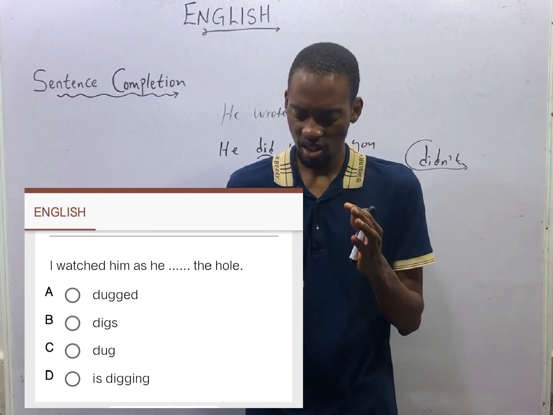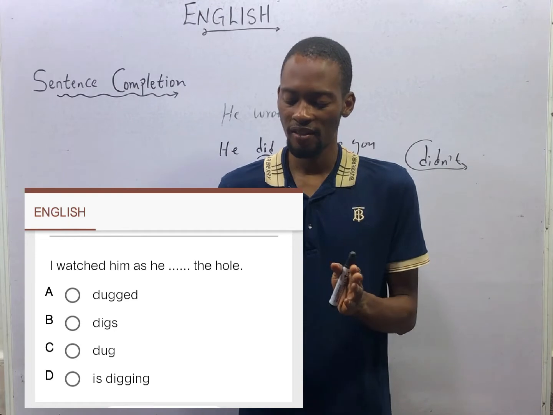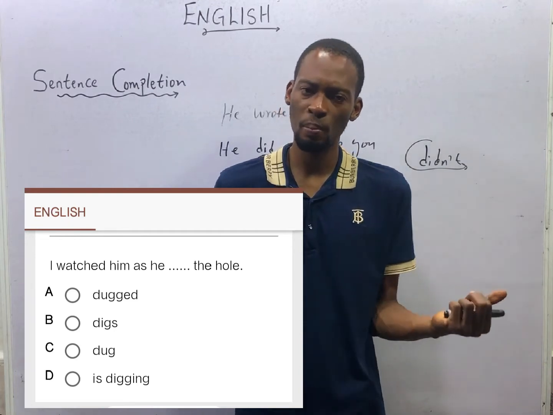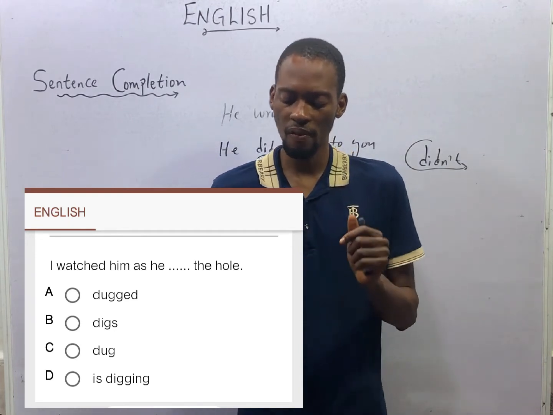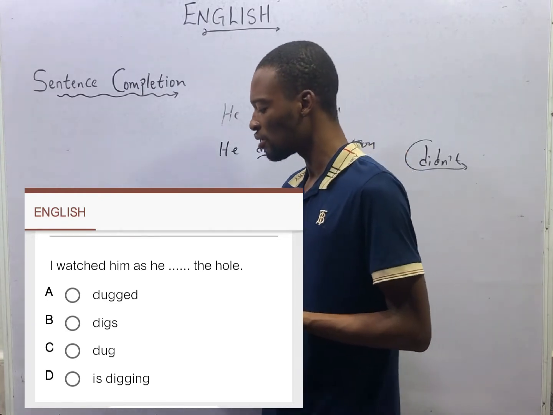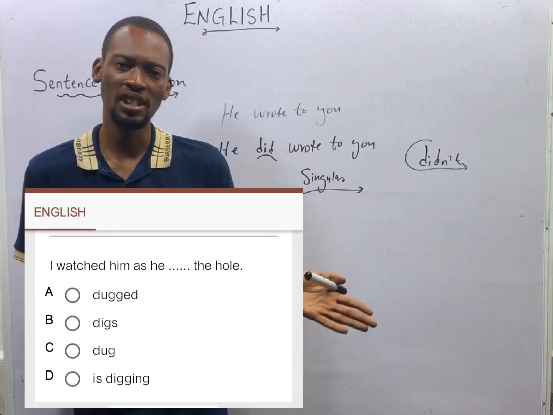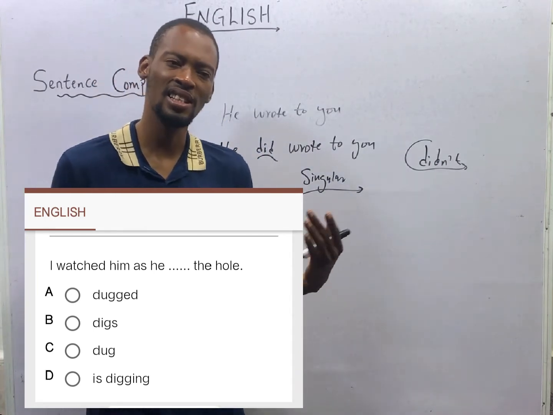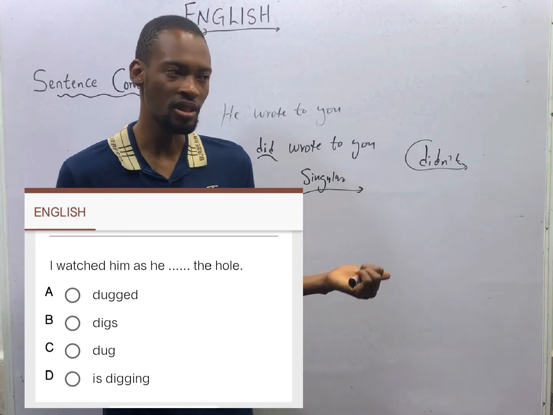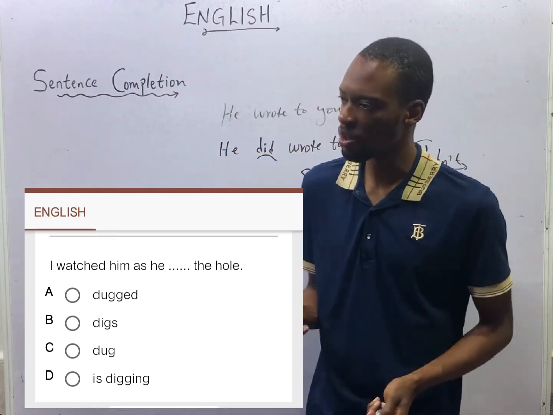Now, dogged does not exist. Nothing like dog in English word. Therefore, since it is in the past, dug is correct. I watched him as he dug the hole. If it were present, we would say I watch him as he digs the hole, or as he is digging the hole, depending on what you are trying to pass across.